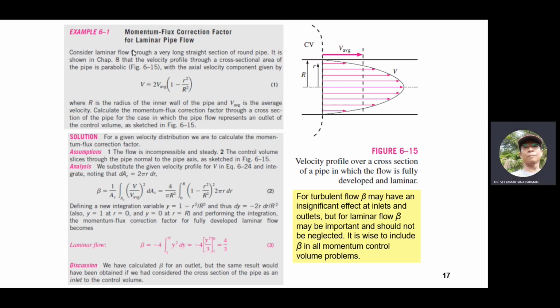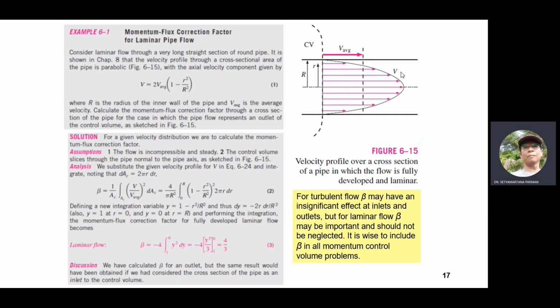Okay, in this example, consider laminar flow through a very long straight section of round pipe. It is shown that the velocity profile through a cross-sectional area of the pipe is parabolic, with the axial velocity component depending on the radial position from the center.